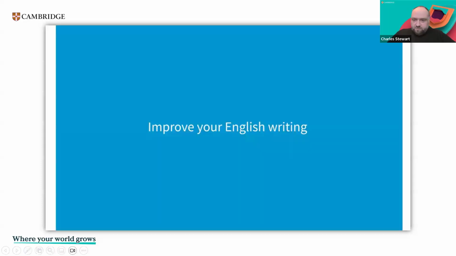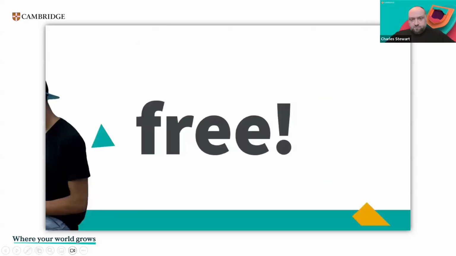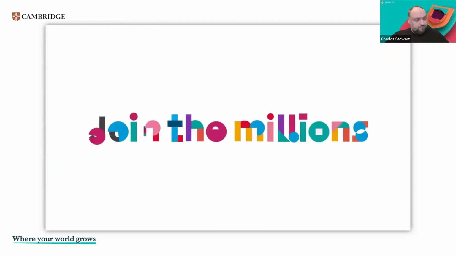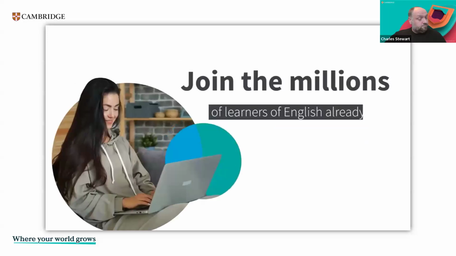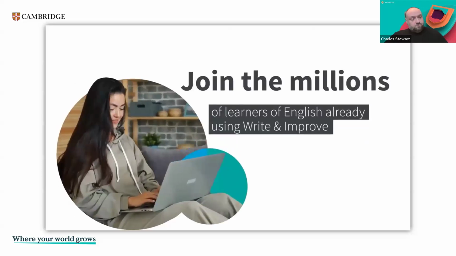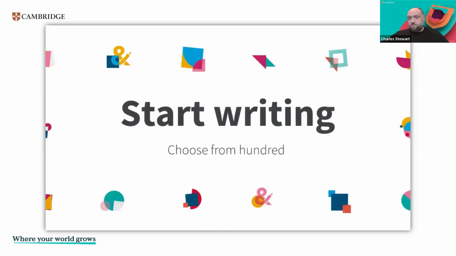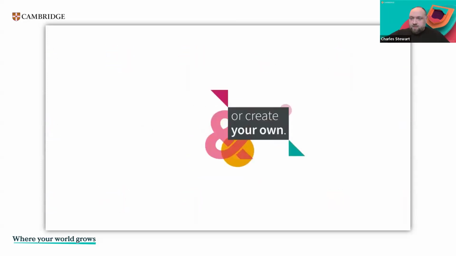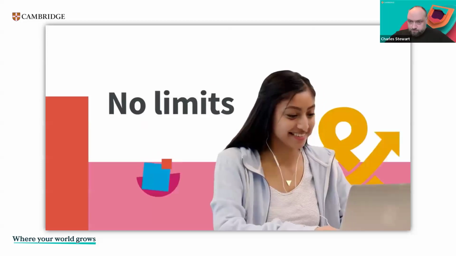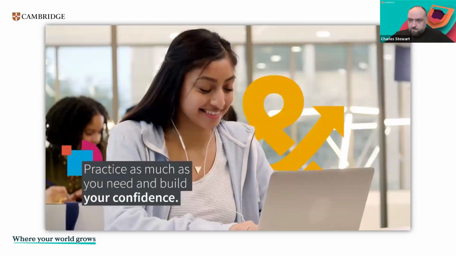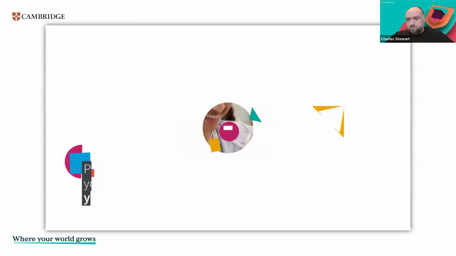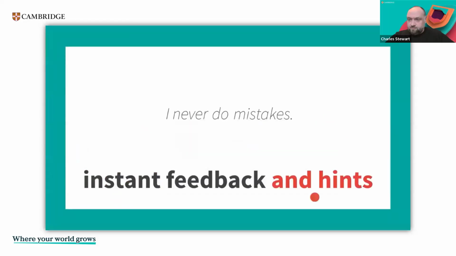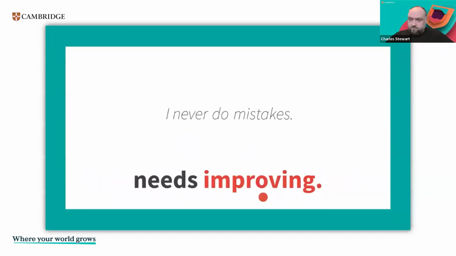Improve your English writing for free with Write and Improve. Join the millions of learners of English already using Write and Improve. Start writing. Choose from hundreds of tasks at all levels or create your own. No limits. Practice as much as you need and build your confidence. Get instant feedback and hints on where your writing needs improving.